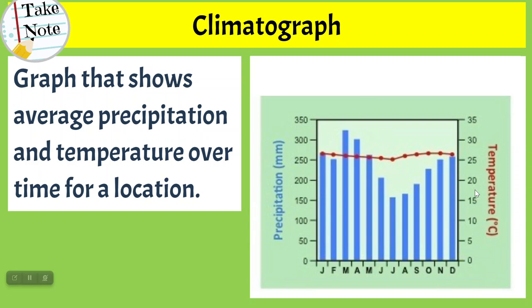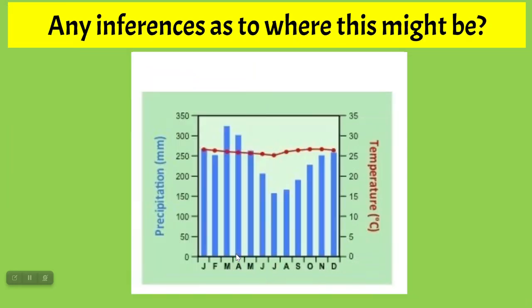What is the room temperature? If it's about 20 degrees Celsius, that's about 68 degrees. That's like kind of our normal room temperature. So you think 25, 27 degrees, that's going to be fairly warm, okay, if we put that in terms of Fahrenheit. All right. So I'm going to make some inferences about where this might be.